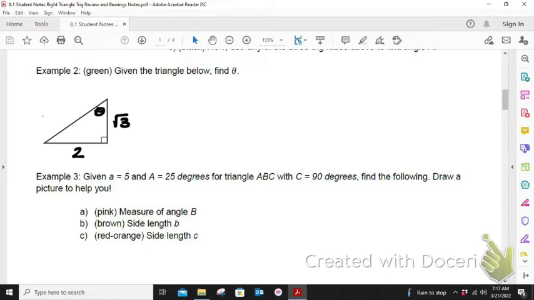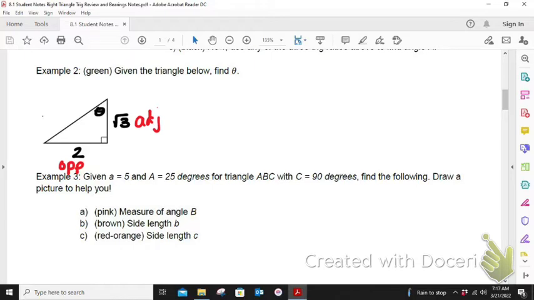What does that 2 represent? Is the 2 opposite, adjacent, or the hypotenuse of this angle? So opposite. What about the square root of 3? That's the adjacent. So what trig ratio am I going to use? Sine, cosine, or tangent? What ratio uses opposite and adjacent?